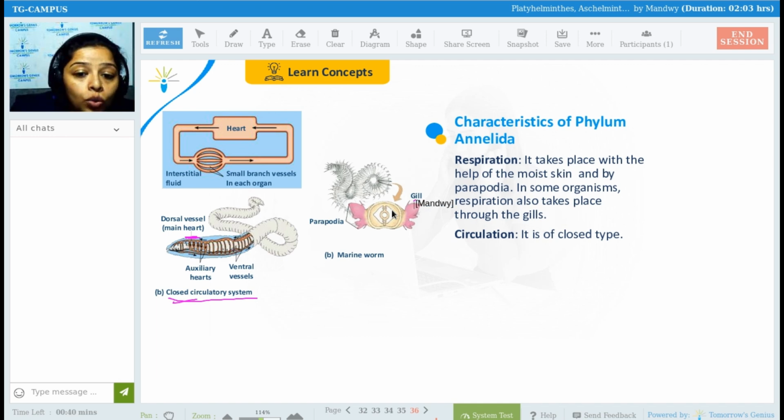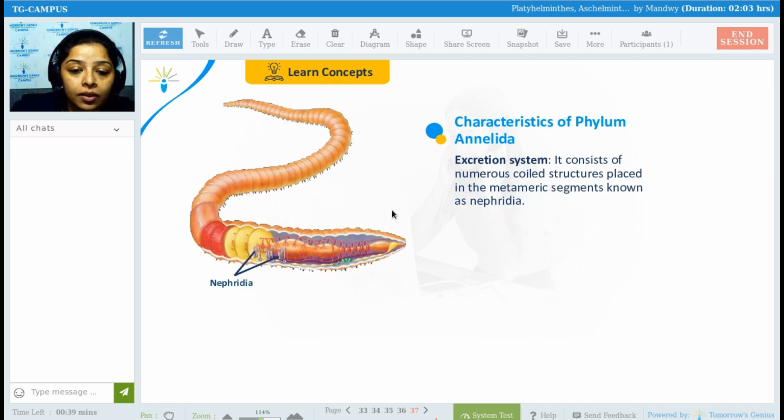Or if it is aquatic, through gills it will enter the circulatory system. Clear? So gills are for the aquatic annelida and skin for the terrestrial annelida. Through the gills and skin, gas exchange takes place.